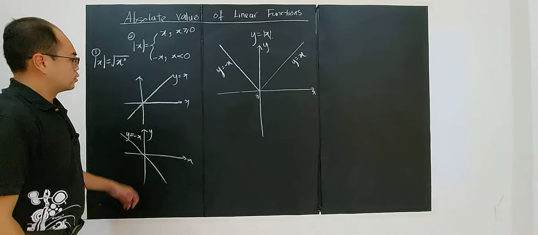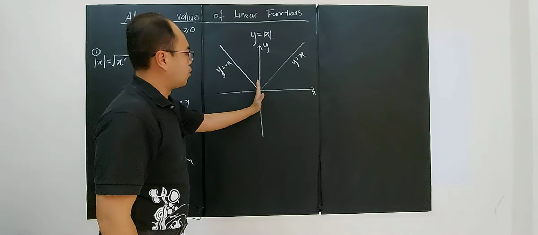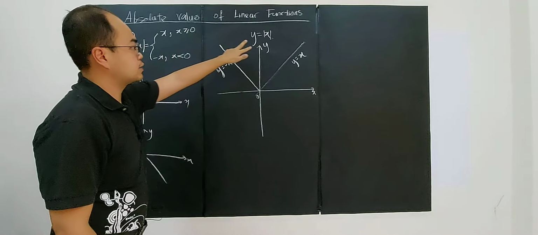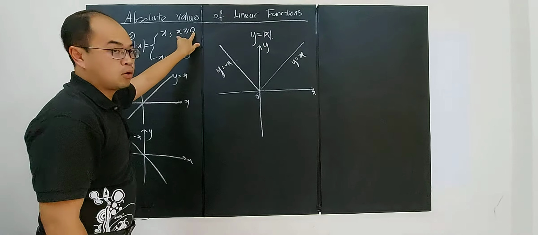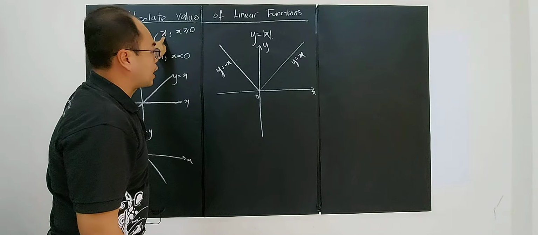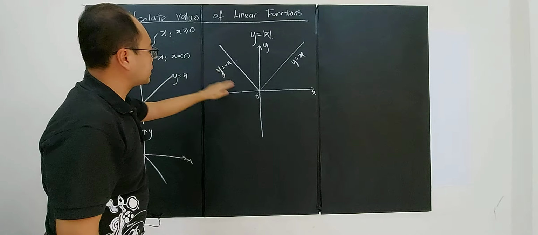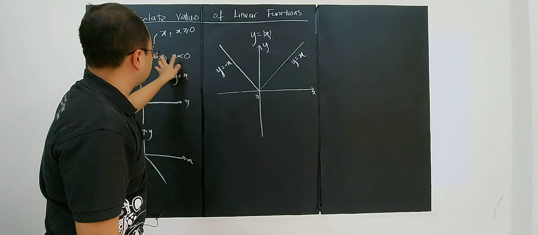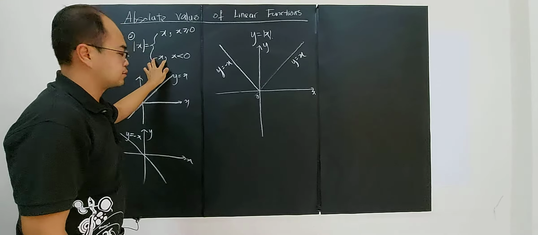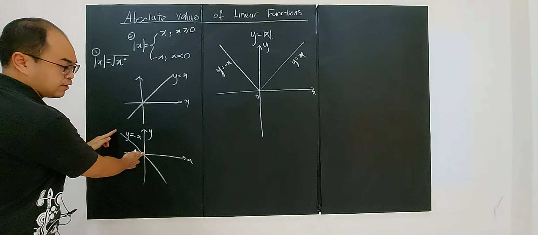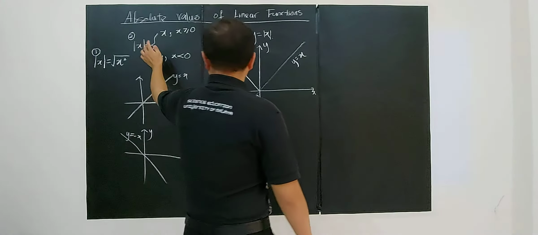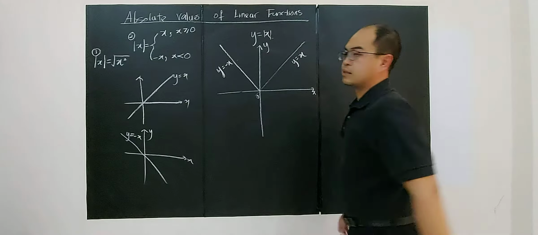So as you see, when x is more or equal 0, the modulus x function will be y equals to x. When x is less than 0, the graph will be y equals to negative x, the part of the negative x. That's why this function represents this graph here.